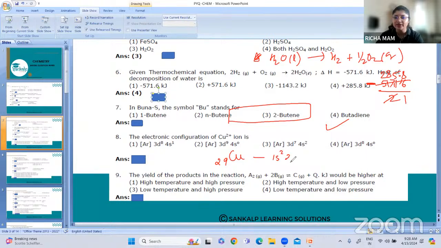So 1s2, 2s2, 2p6, 3s2, 3p6, 4s2 and 3d5. Right.